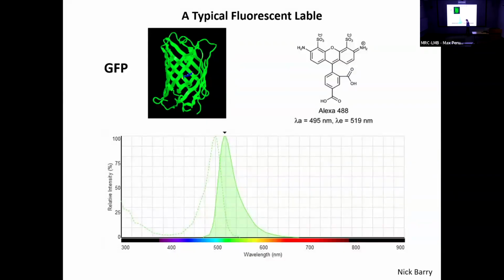And we attach those to our target of interest in the cell. These dyes have an excitation spectrum and then an emission spectrum. So we can come in with blue light here and generate green light here in this example. And they're typically these broad spectra here.